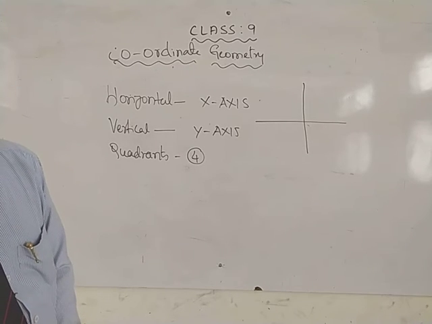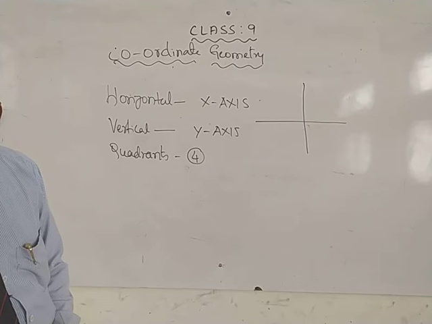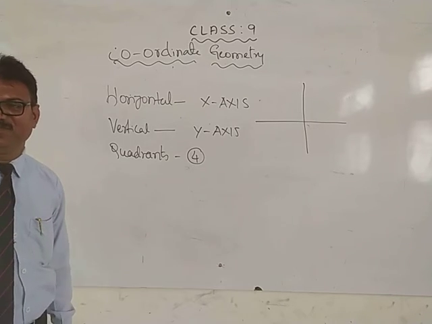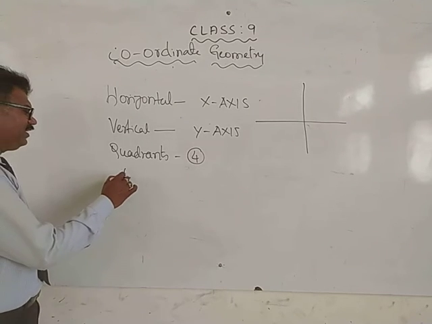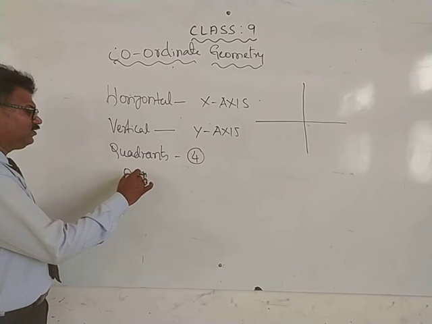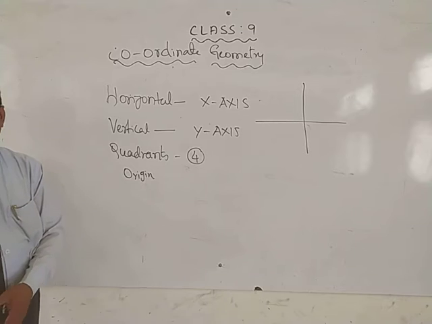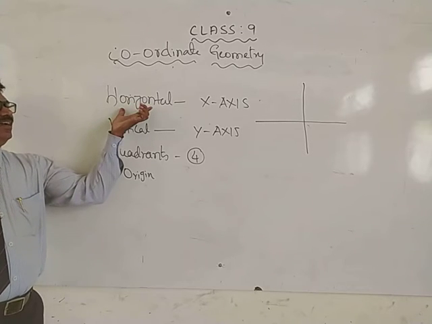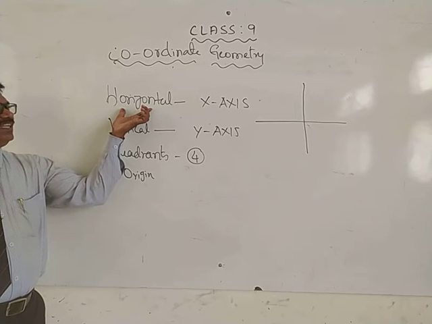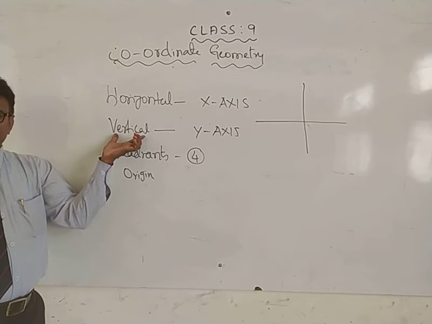Next question. Write the name of the point where these two lines intersect. It is nothing but the origin. First question completed: name the lines, which is horizontal and which is vertical.